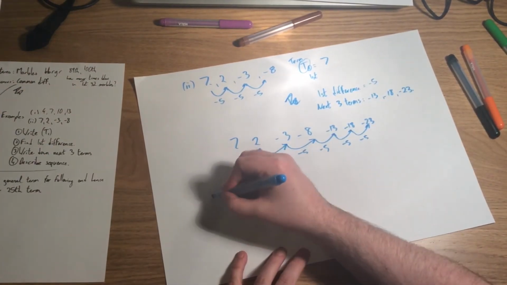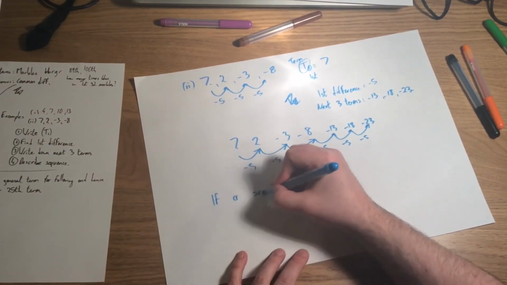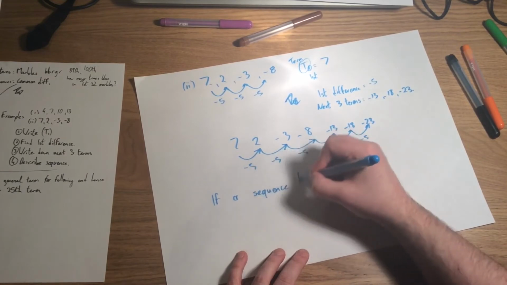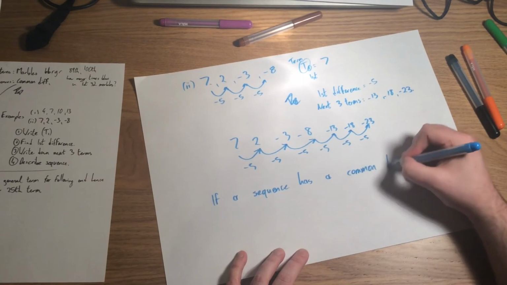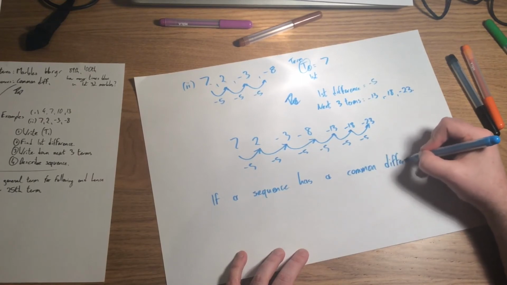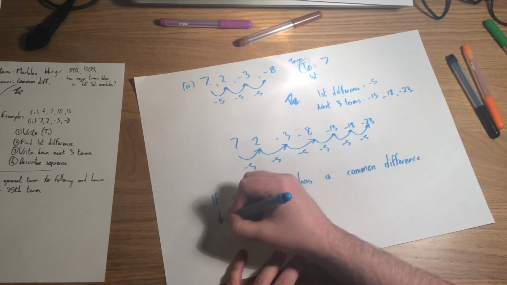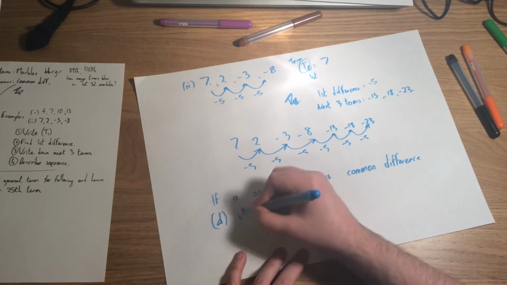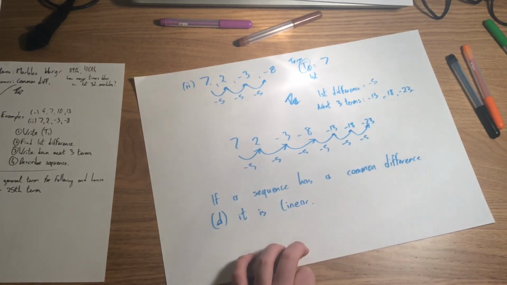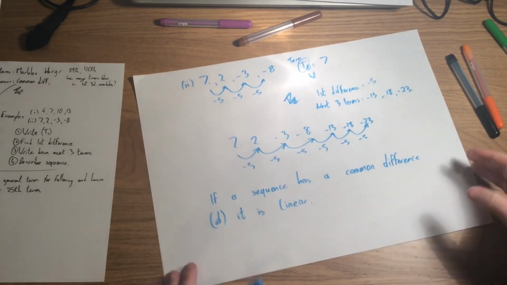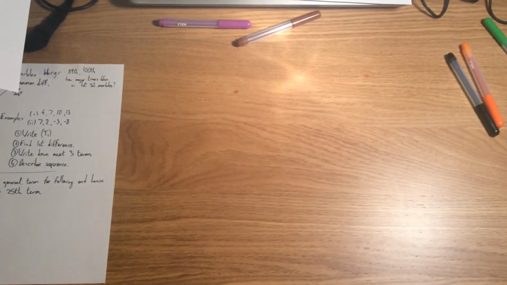So just a quick note, if a sequence has a common difference, which is the letter D, it is linear. Okay? It has a common difference. It is linear.